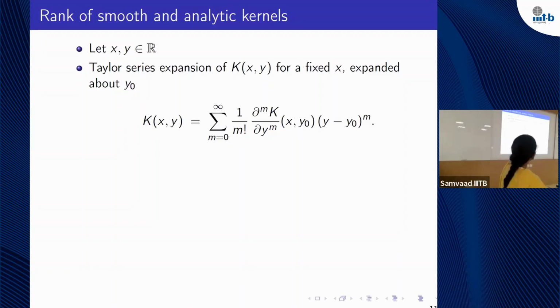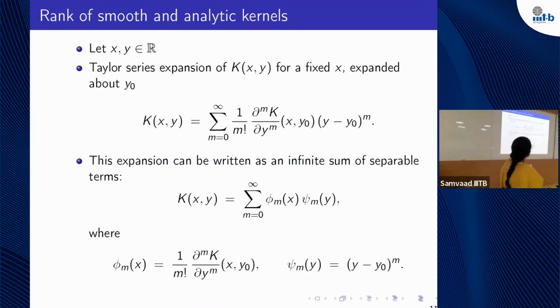And here I'm expanding the Taylor series about y naught. I'm not expanding about x. For a fixed x, I'm only expanding about y naught and writing down the Taylor series. If you carefully see here, the first part is only a function of x, and the second half is only a function of y.